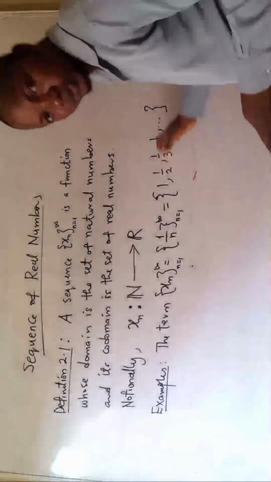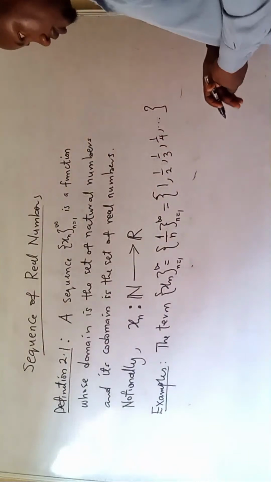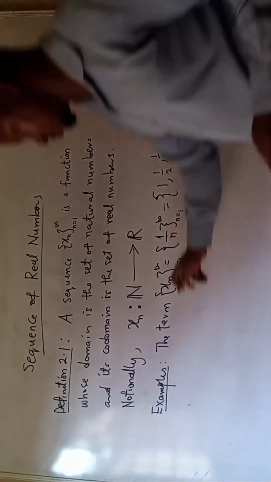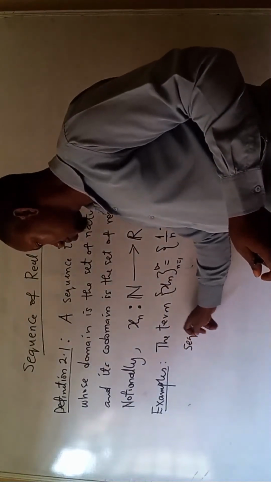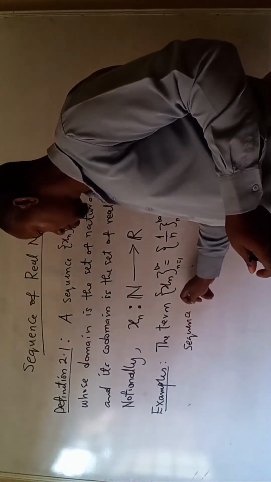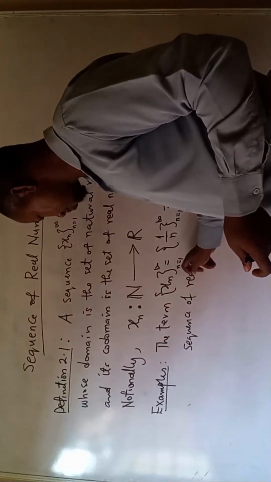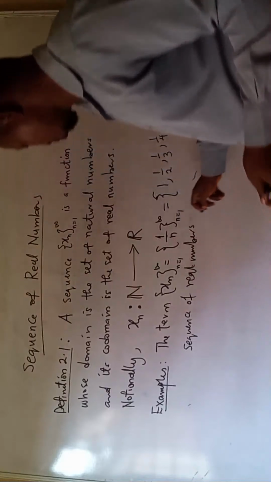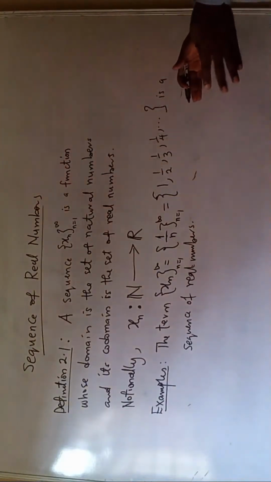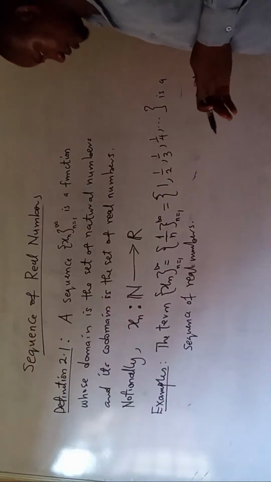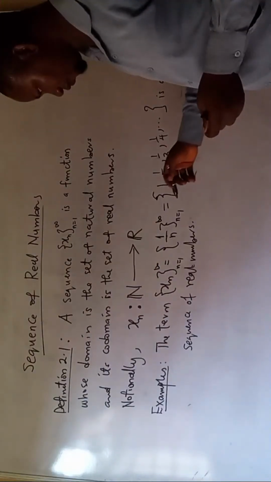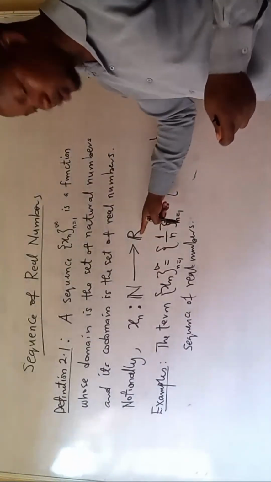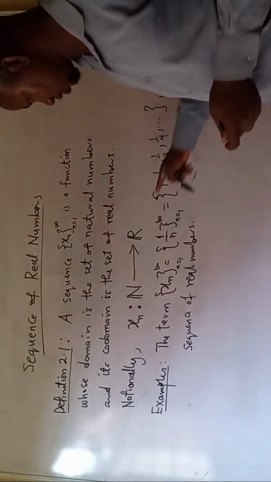So this is a sequence of real numbers. We will observe that for each n we pick here, the output is always a real number.